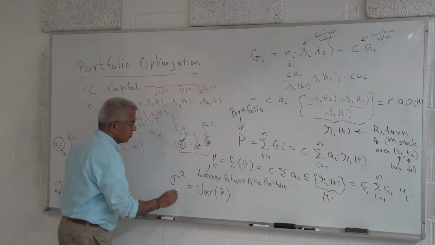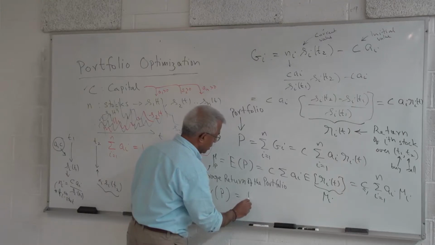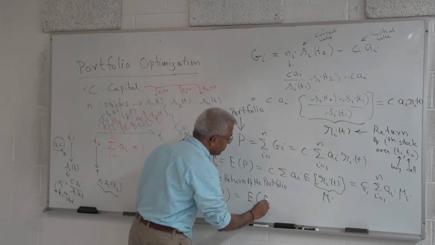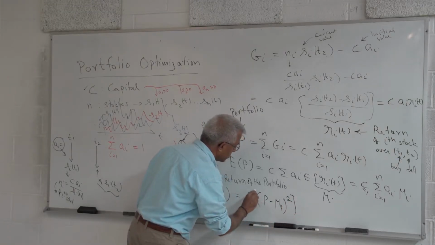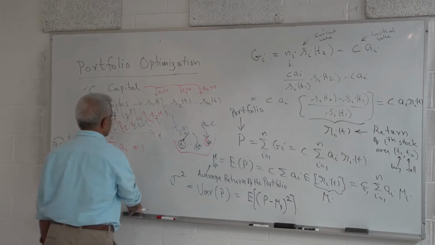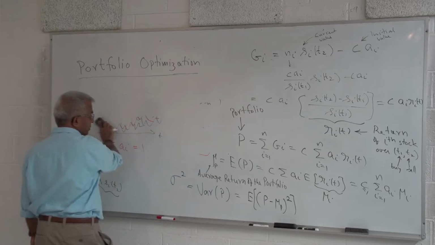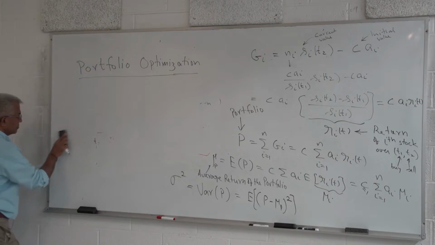So that's sigma squared. That's going to be the expected value of P minus mu P, the whole squared. So now we can substitute for P and see what that comes out to be.